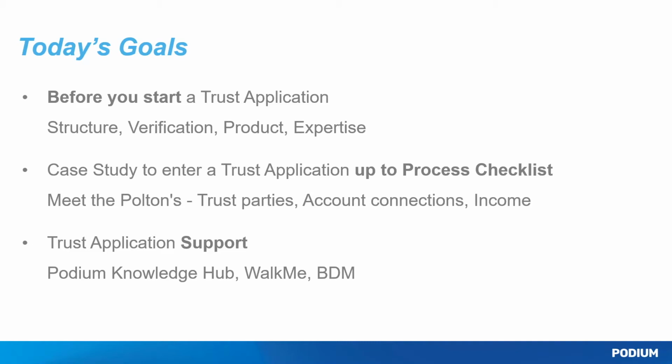In particular, we're going to spend a bit of time on recognising trust structures and how to work with the structure itself. We're also going to talk a little bit about verification documents because they are by and large with a trust application quite involved. Not difficult, there's just a lot of paperwork. We're also going to touch on product availability for this pool of specialised applications.